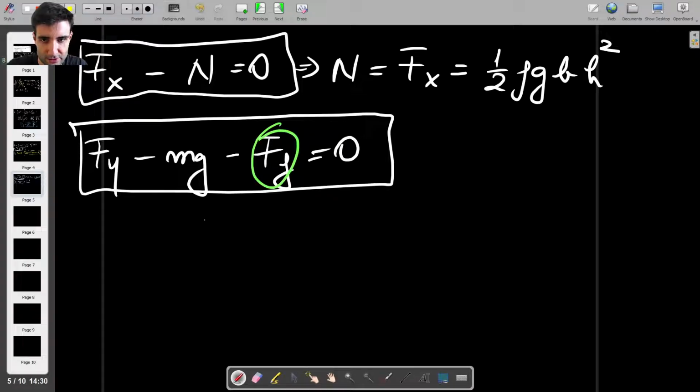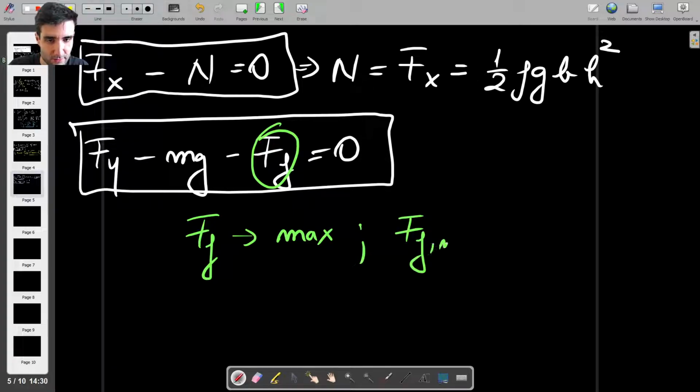So this friction here becomes maximum, okay? And when friction becomes maximum, that is just before the wedge starts moving upwards, we have that Ff max becomes equal to mu static times N, okay? So this is the friction that we're interested in.